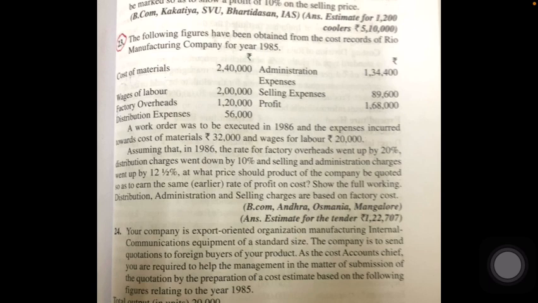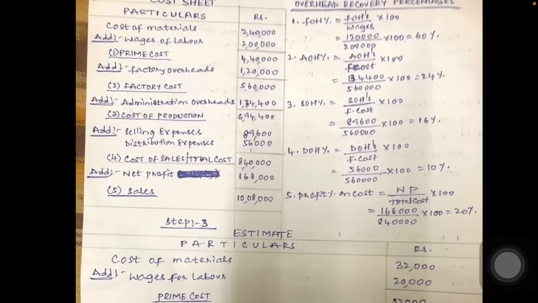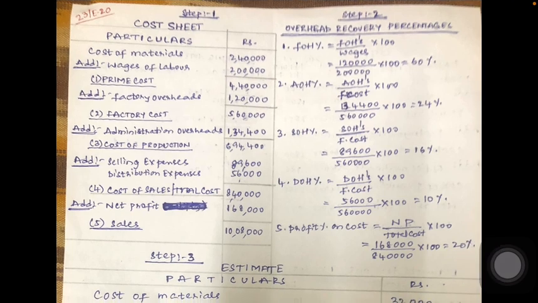This sum contains 3 steps. First, we have to prepare cost sheet, then we have to calculate overhead recovery percentages, then we have to prepare estimate or quotation. First, cost sheet. In cost sheet, we have to take all the details which are given in the first paragraph, that is for the year 85.